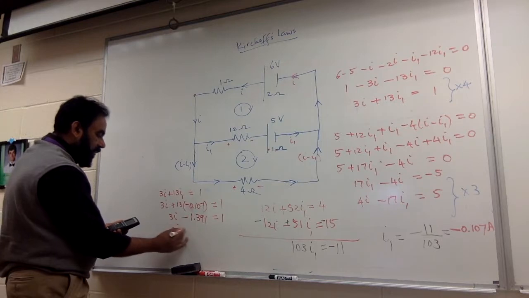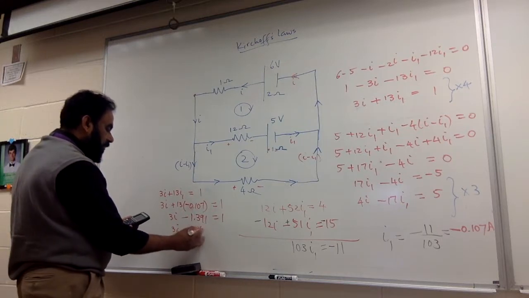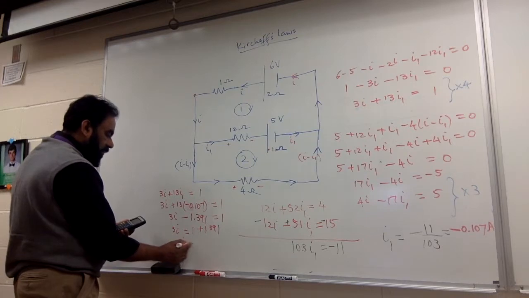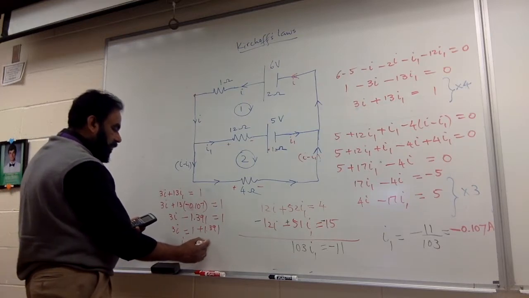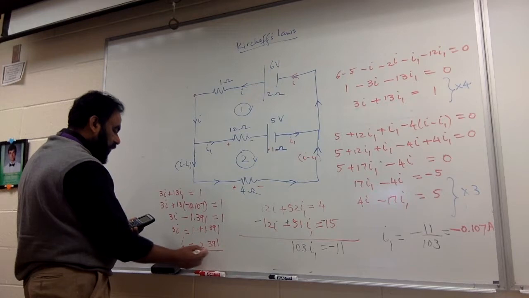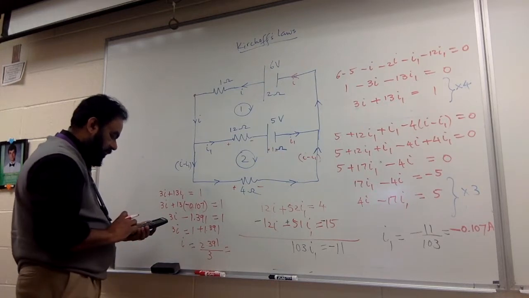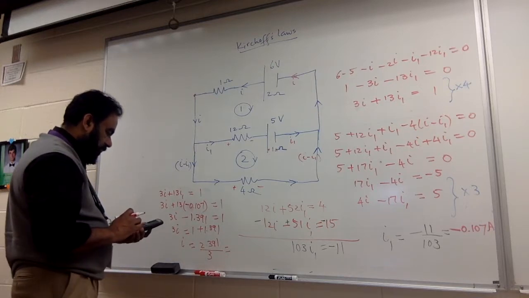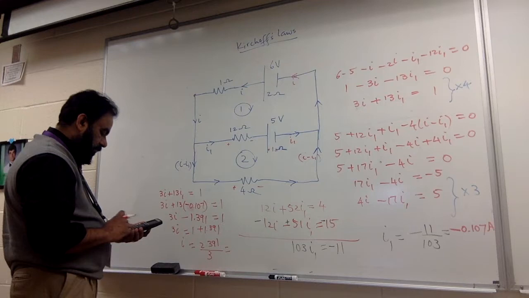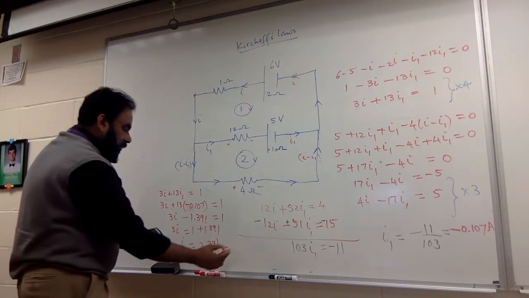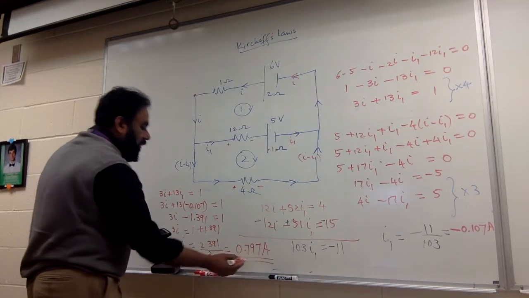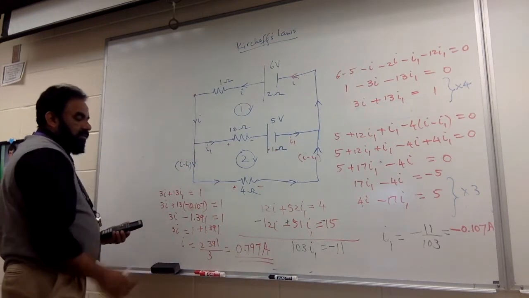So 3I is equal to 1 plus 1.391. So I is equal to 2.391 over 3, which is 0.797 amperes. Now that is coming out positive, so that is correct.